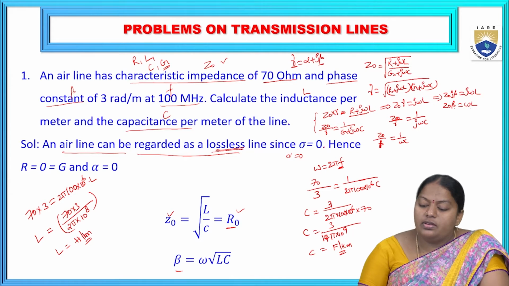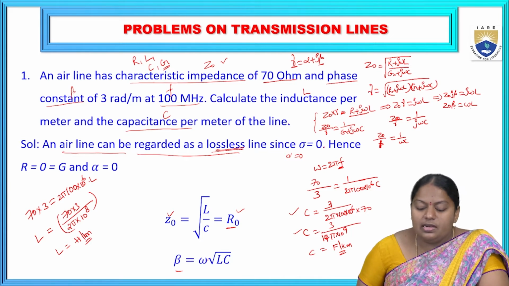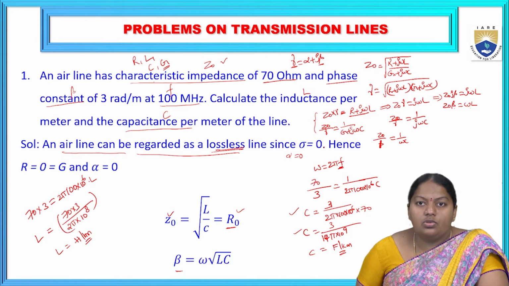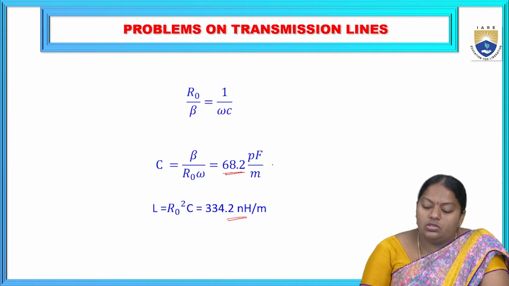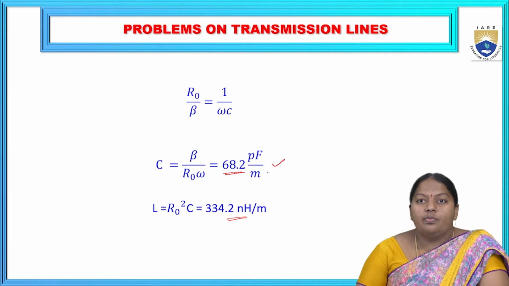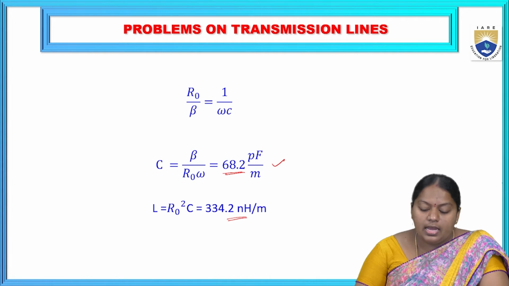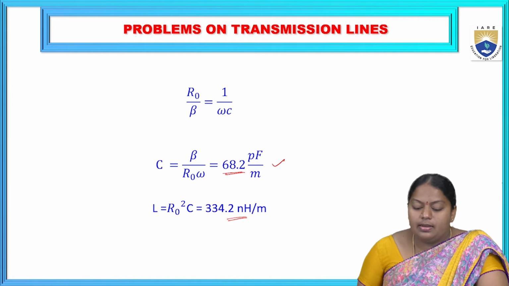We can go for either one of the methods. Another method is by simplifying Z0 for the lossless line as root over L by C and the beta value as omega root over LC. Then by multiplying those two and by dividing those two, capacitance is obtained as 68.2 picofarad per meter and L value is obtained as 334.2 nano Henry per meter.